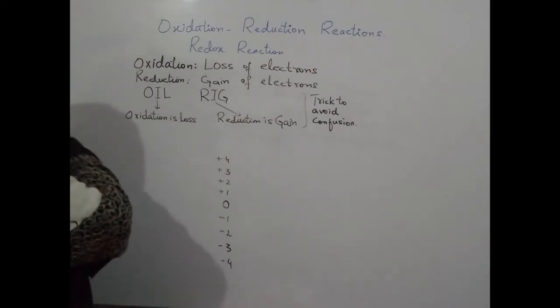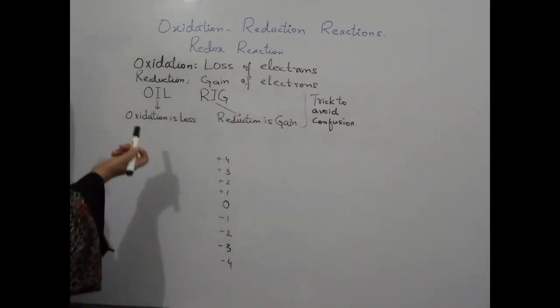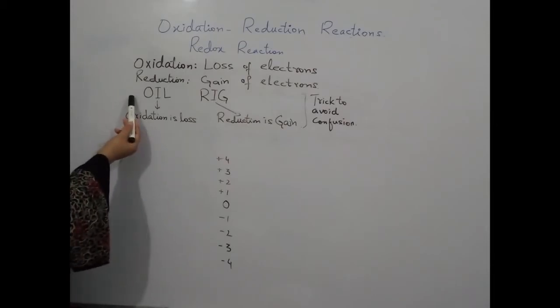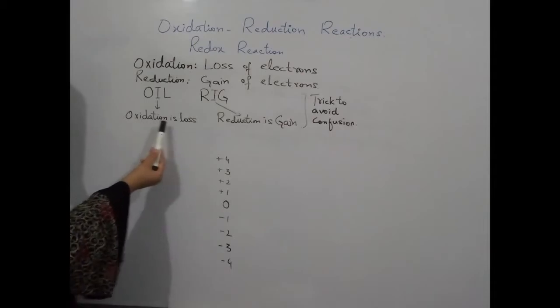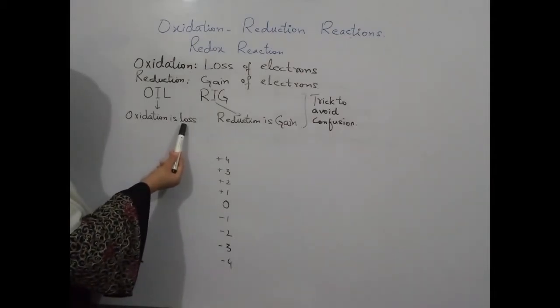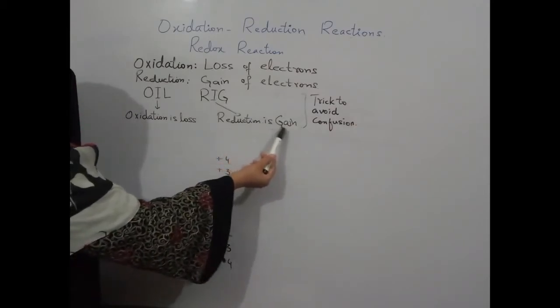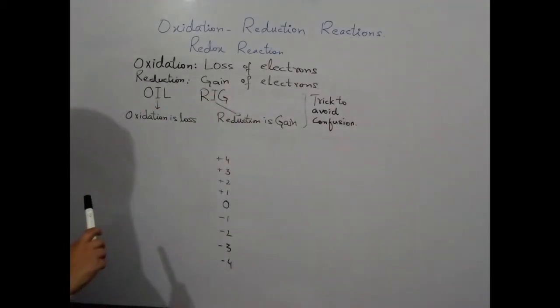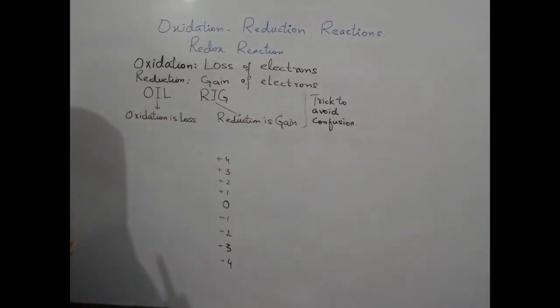We can avoid this confusion by a trick. OIL RIG. OIL stands for oxidation is loss of electron. RIG, reduction is gain. So by memorizing this trick, we can avoid the confusion of reduction.